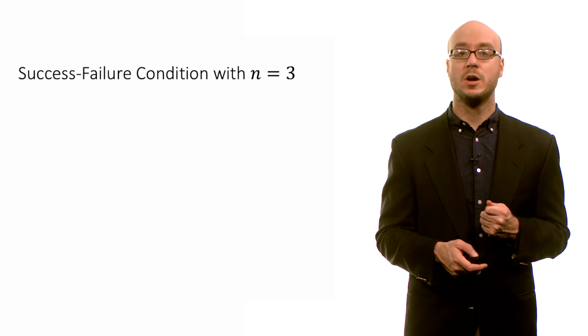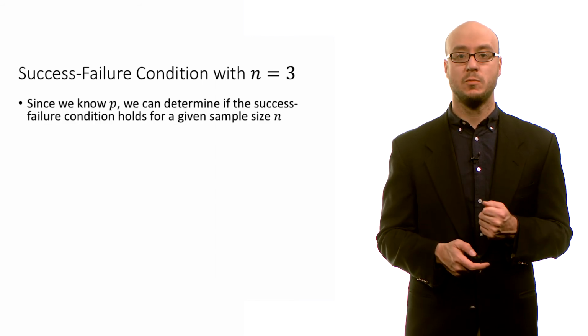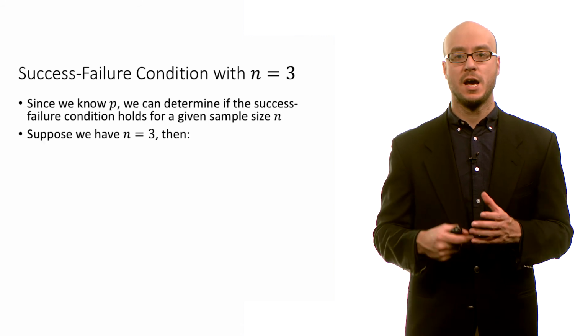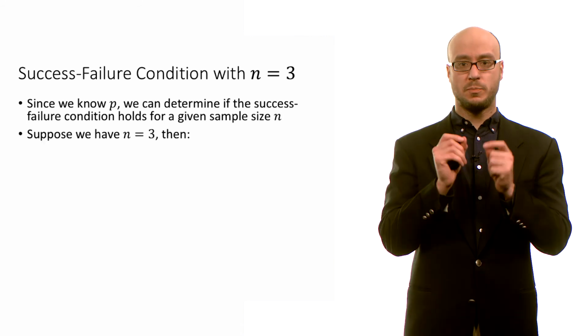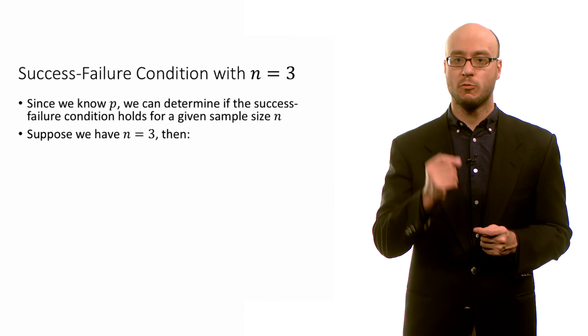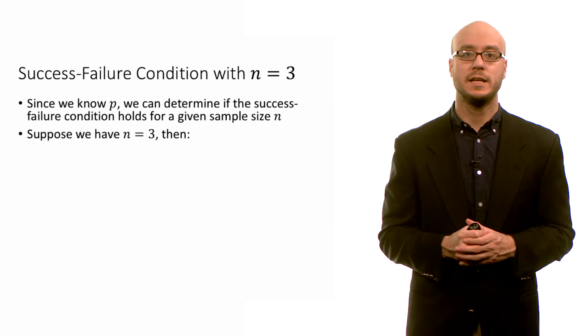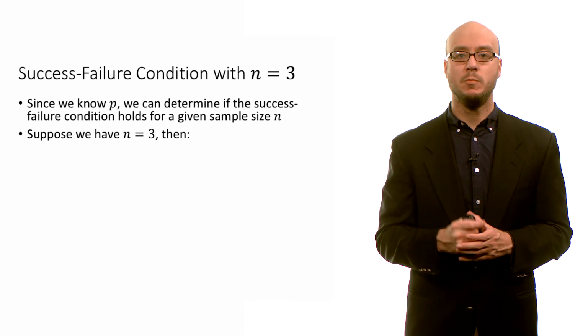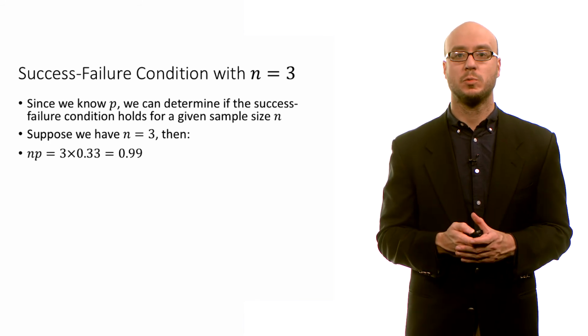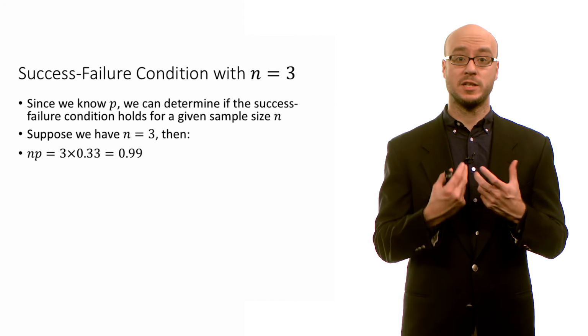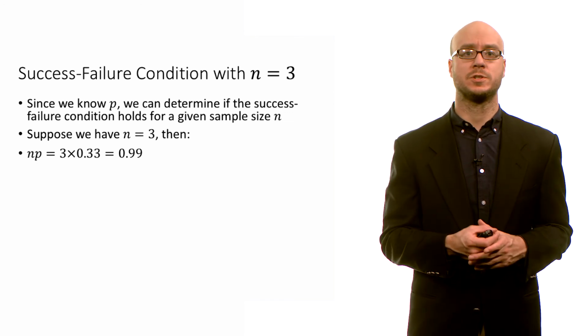Typically, we wouldn't know that, but in this case, we can actually examine what happens to the success-failure condition for different sample sizes. So suppose we had a sample size of 3 randomly collected from the entire population of Turin, Italy during this time period, and we calculated a sample proportion. Well, we can test the success-failure condition using P, because we have that population proportion.